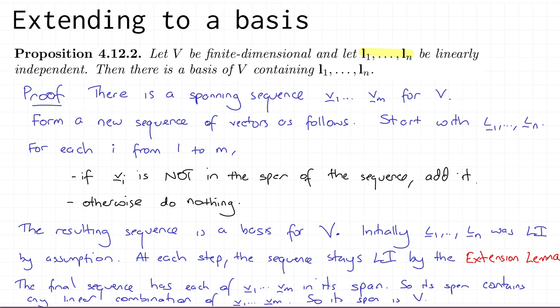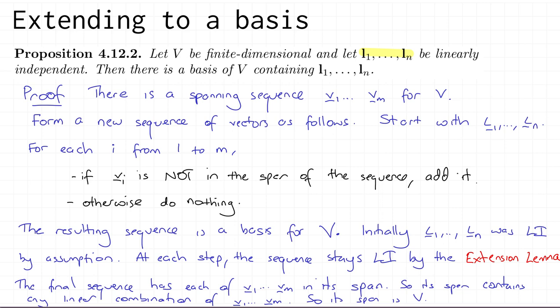So since v1 up to vm span all of v, the span of our final sequence contains any linear combination of v1 up to vm, so the span of our final sequence contains any element of v. So the span of our final sequence is all of v. So we've argued that it's linearly independent, and it's a spanning sequence, so it is a basis. And of course it does contain L1 up to Ln, because we started off with L1 up to Ln and then added some more things in.